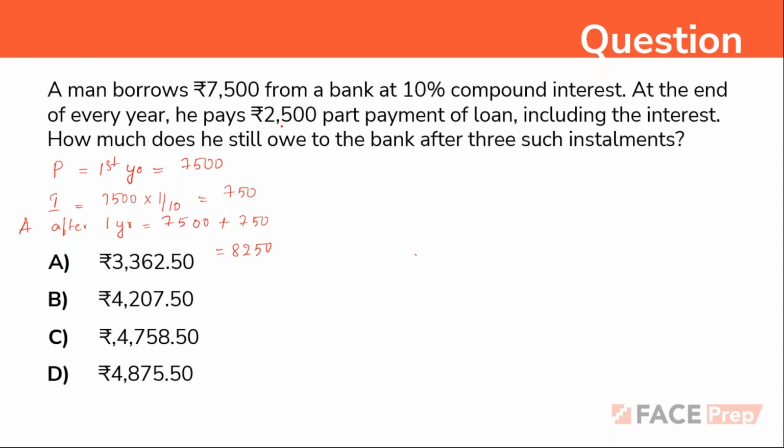Now what they have mentioned, he will pay 2,500 as part payment of the loan including the interest. So after including the interest, I got the amount as 8250. Now from this 8250, how much will he pay? He will pay rupees 2,500. So the next case is after the payment. After the payment, what will be the amount?